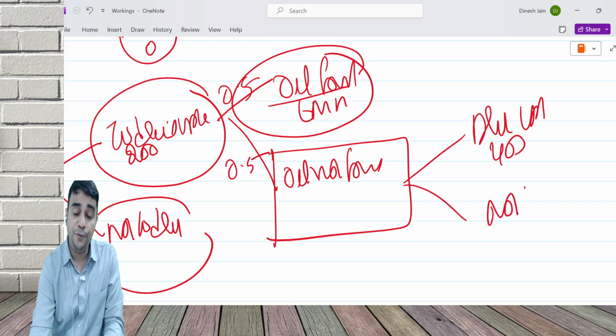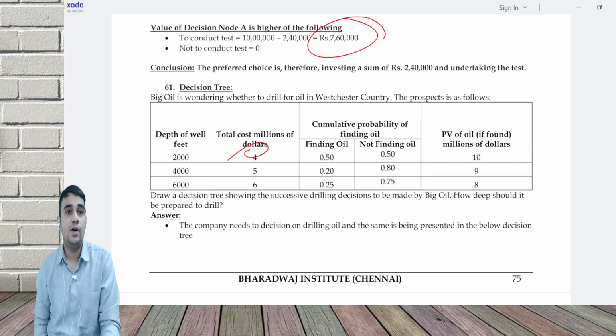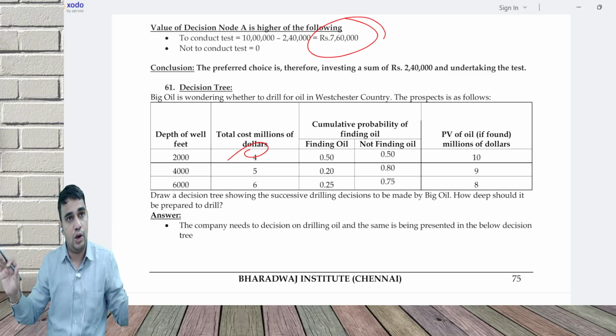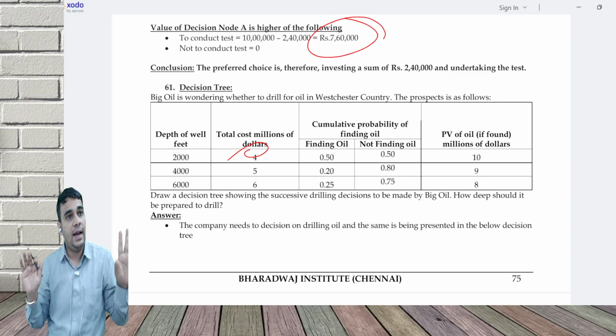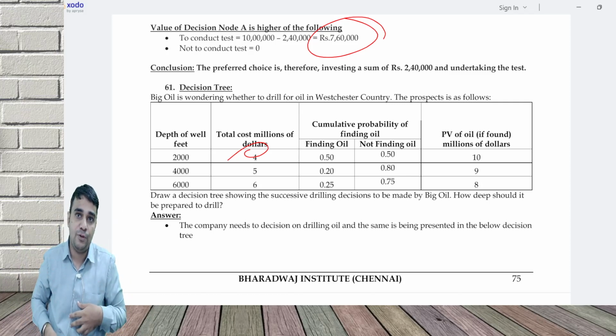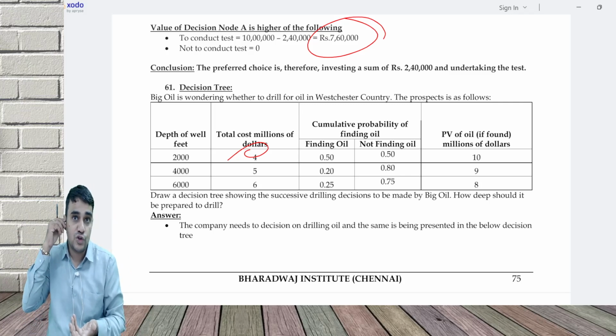If you decide not to drill, you have drilled up to 2000, lost 4 million, and it ends there. But if you drill, maybe you can make profit, or you can lose more also.